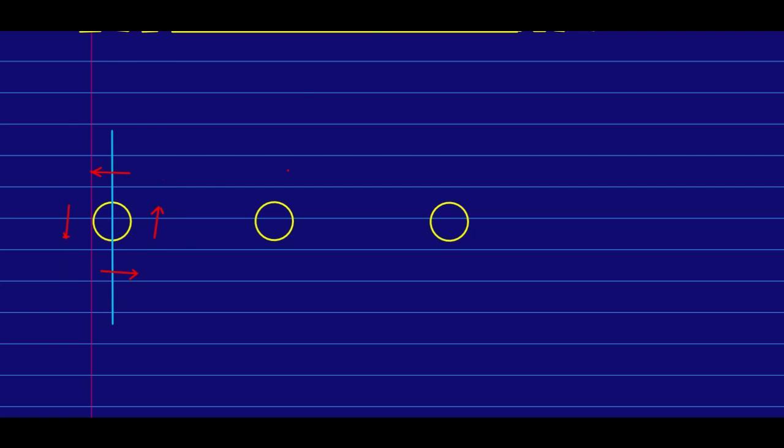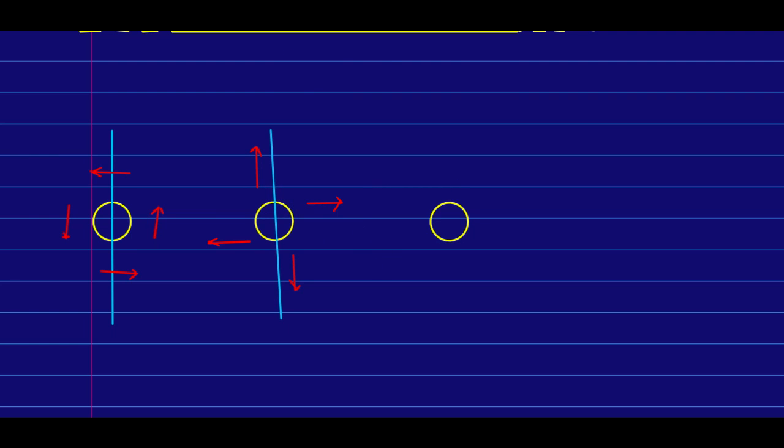Similarly, if the field is somewhat offset from the center, something like, say, this, that also violates this symmetry because, again, this moves over to here, and this moves over to here, and this flips direction and ends up over here, and this flips direction and ends up over here.